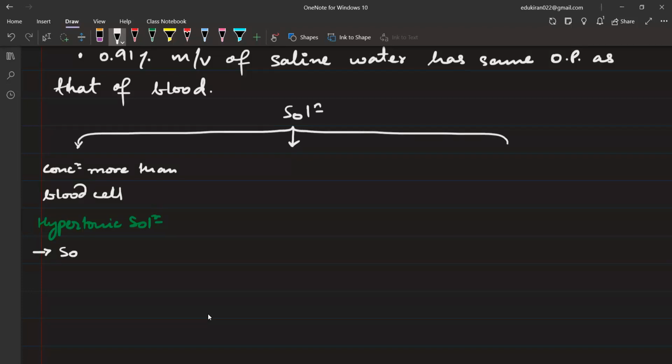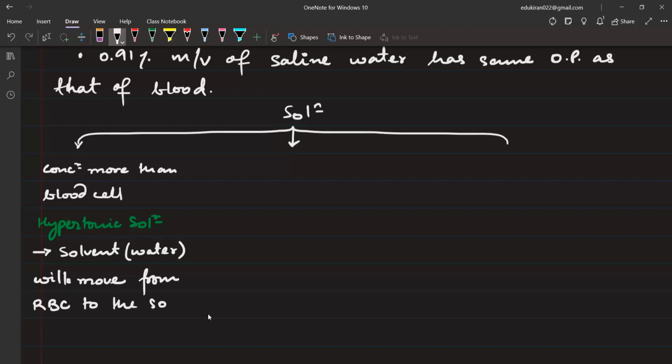Please write: solvent will move from RBC to the solution. Solvent is water. Now, if something is moving away from the red blood cell, then obviously the size of the red blood cell will shrink. So RBC will shrink. This is the consequence.